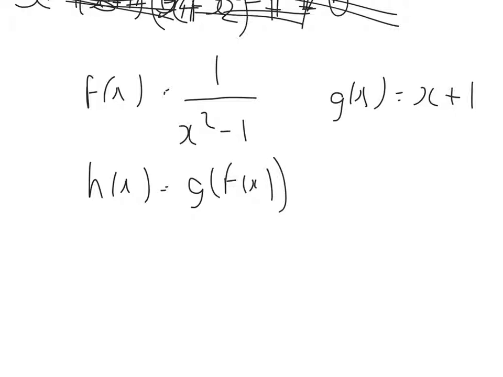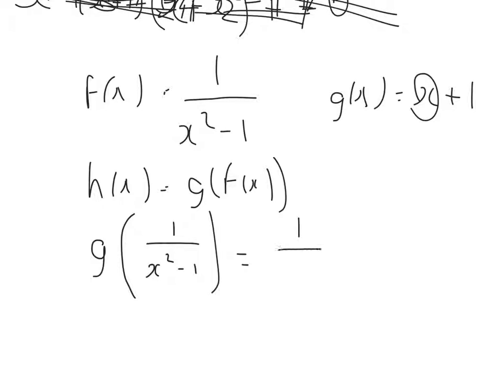Find h of x. The question also asked me to write it as a single fraction. So that's g of 1 over x squared minus 1. So the g function is whatever's in the bracket, write it down and add on 1.